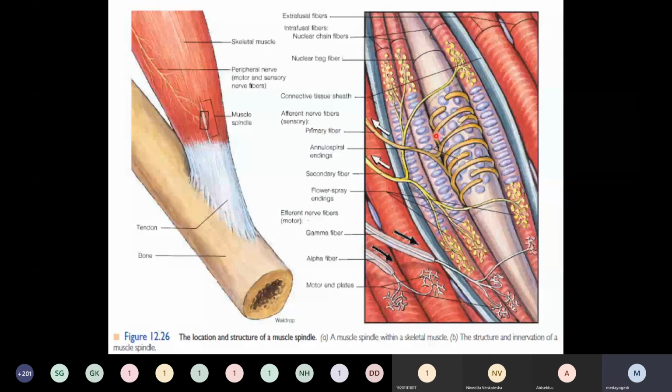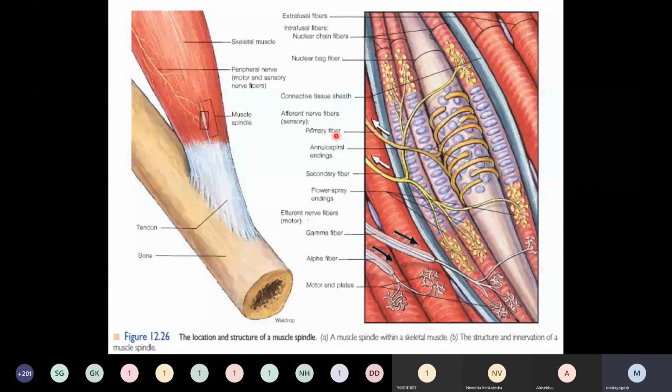It's like a bag, with all the nuclei present here. Now look at these fibers, where all the nuclei are arranged one behind another like a chain. So this is called what? Nuclear chain fibers.